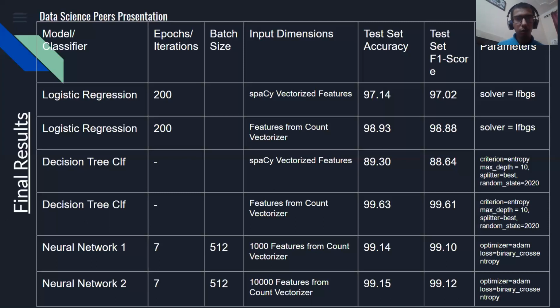Basically this was because it was a sort of binary classification problem, so for that reason I've chosen the loss as binary cross entropy in both the cases, and you can see around 0.01% of increase in the accuracy as well as in the F1 score. So these were the final results of the models, and the best that we can get was around 99.63% accuracy overall from the decision tree classifier with the CountVectorizer as its input features, right?